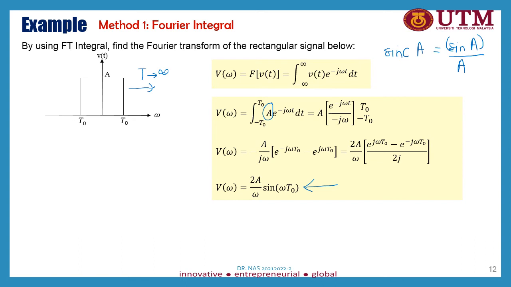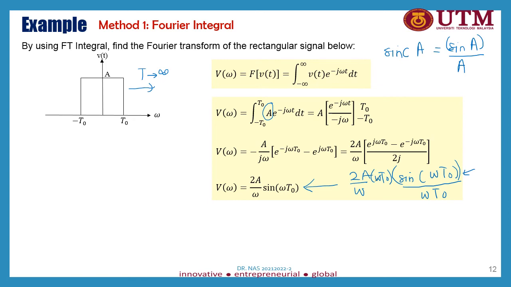In this case, you have the 2A over omega, then you have sin omega t naught. To get this into Sinc function, it must be divided by whatever is in the bracket, so omega t naught. So when you introduce an additional function, you need to multiply here with omega t naught.